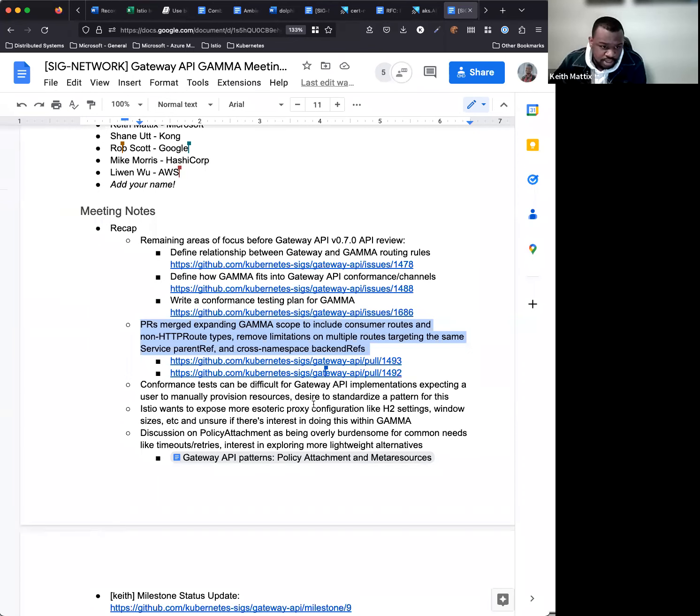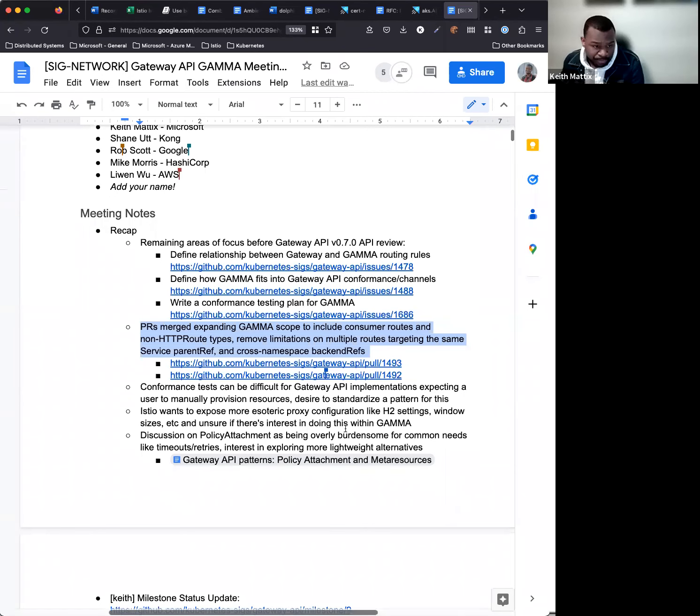But basically we want to understand it as a pattern for those implementations that expect a user to manually provision the resources. And there is some desire to create a pattern for this within the conformance tests and within the API in general. And I think I saw Shane create an issue or PR on some of this, and there's some good discussion in that, whichever forum that was. So good to see that made its way up into the general meeting.